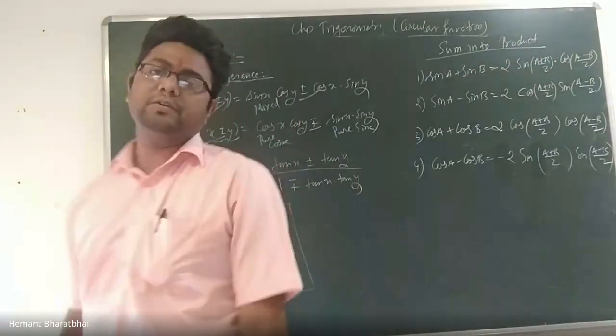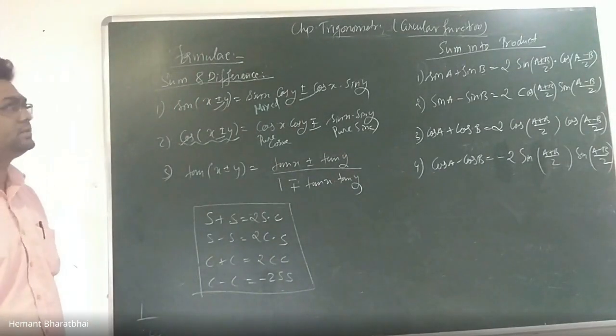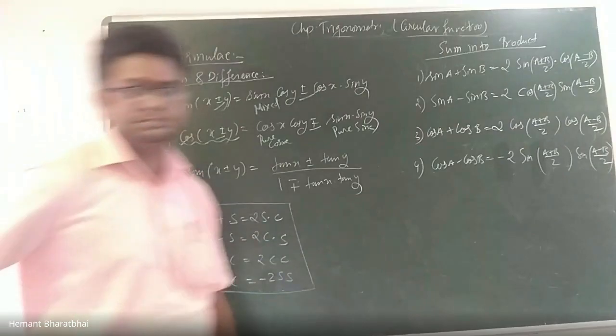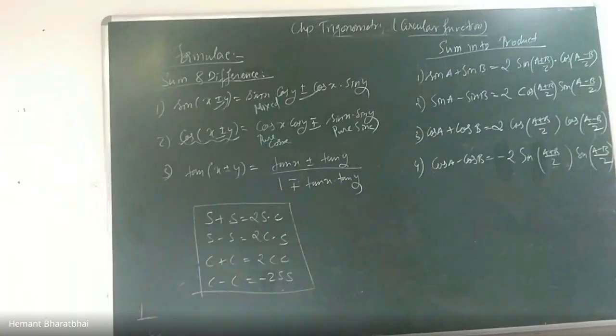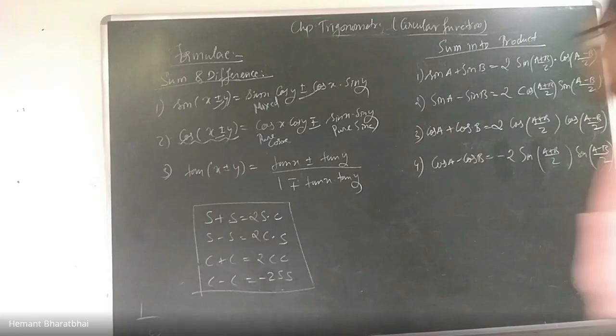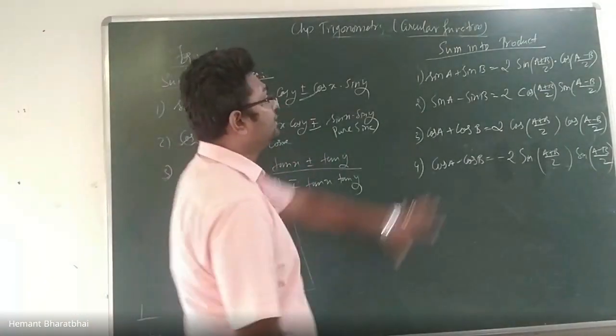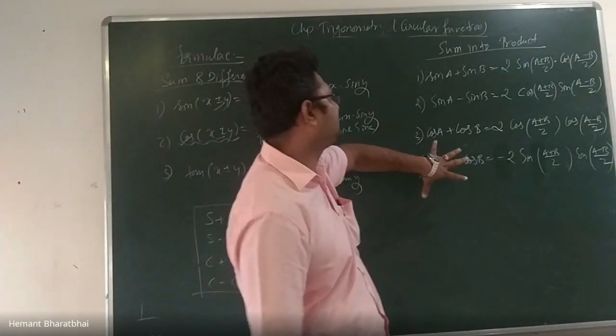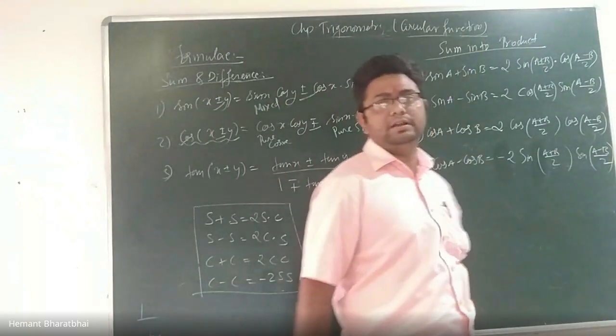Easy to remember the formula. So this is called sum into product because on the RHS we had the product and on the LHS we are having the sum.